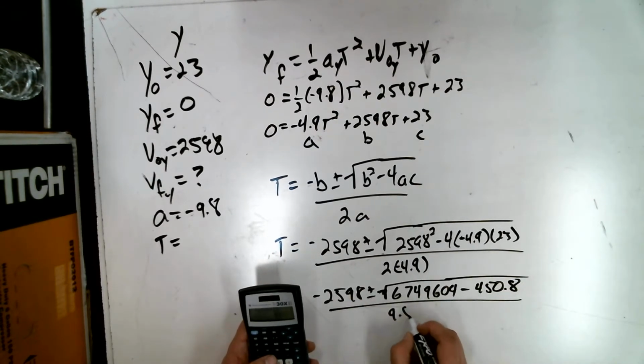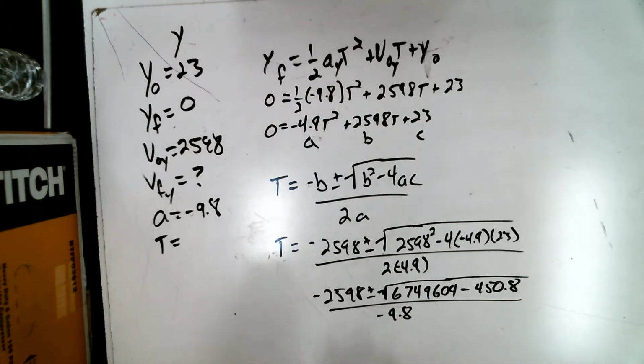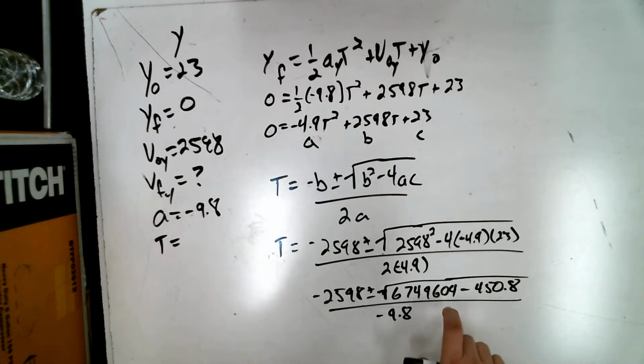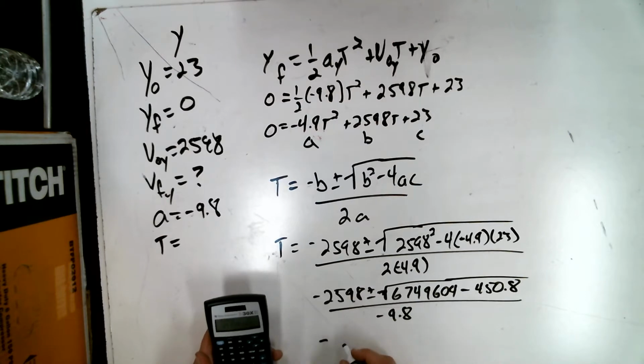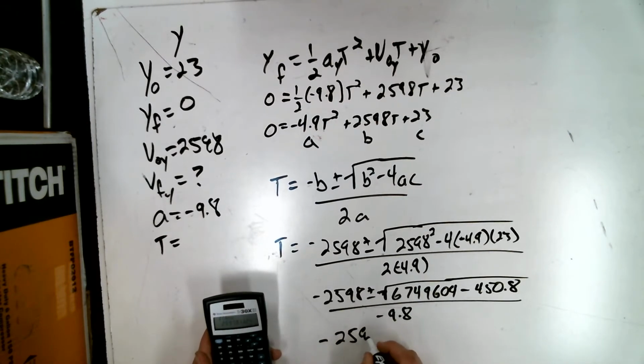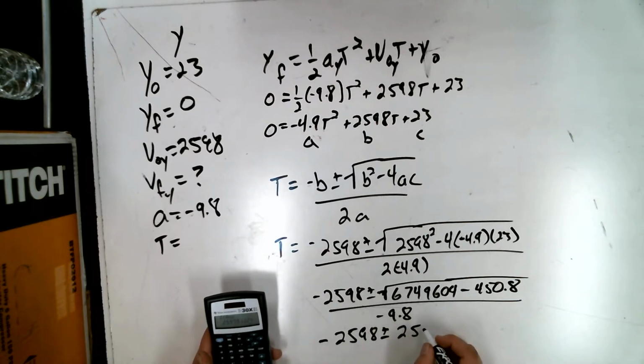Divided by negative 9.8. So doing this one, 6,749,604 minus 450.8, I get negative 259.8 plus or minus 297.9 divided by negative 9.8.